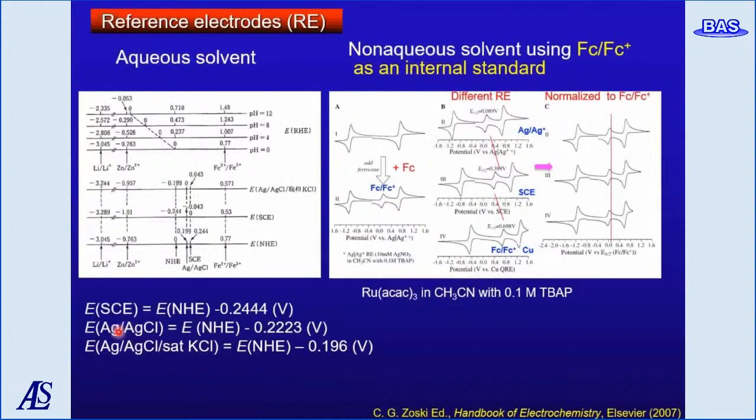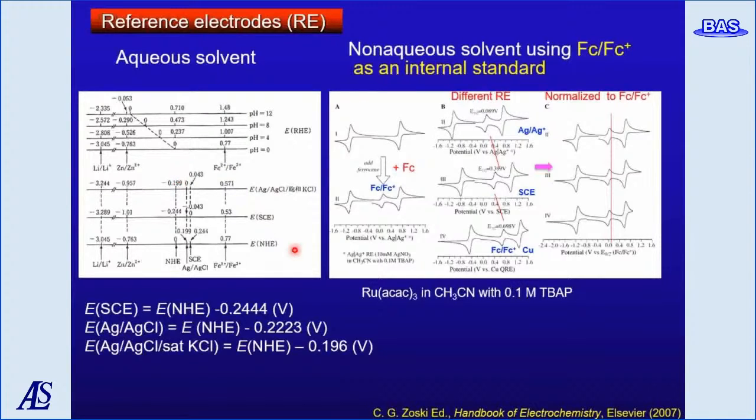An ideal non-polarizable electrode is needed as a reference electrode, and the potential of the standard hydrogen electrode is set to 0 volt. The potential of the saturated calomel electrode in aqueous solution is minus 0.244 volt, and AgCl is minus 0.199 volt.